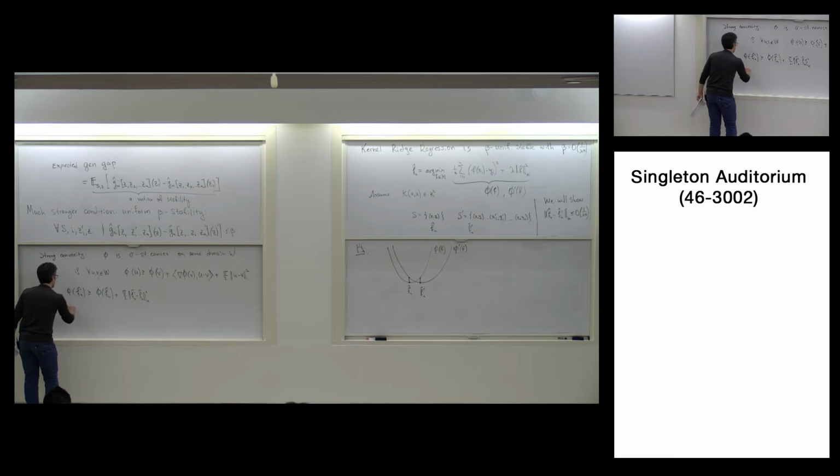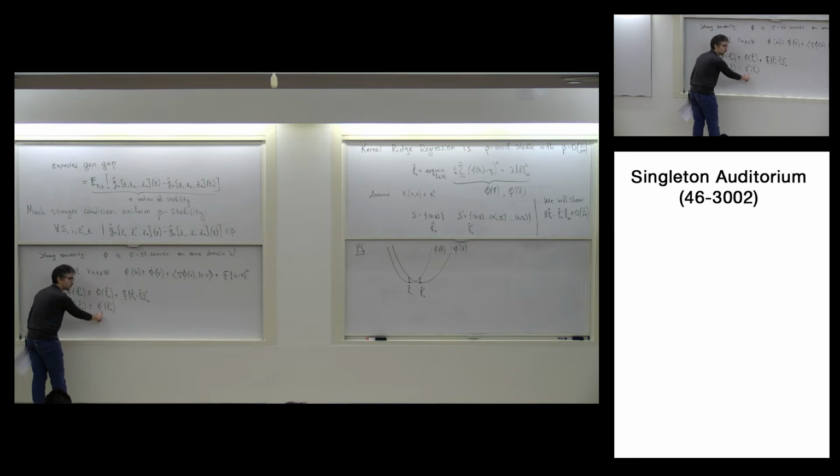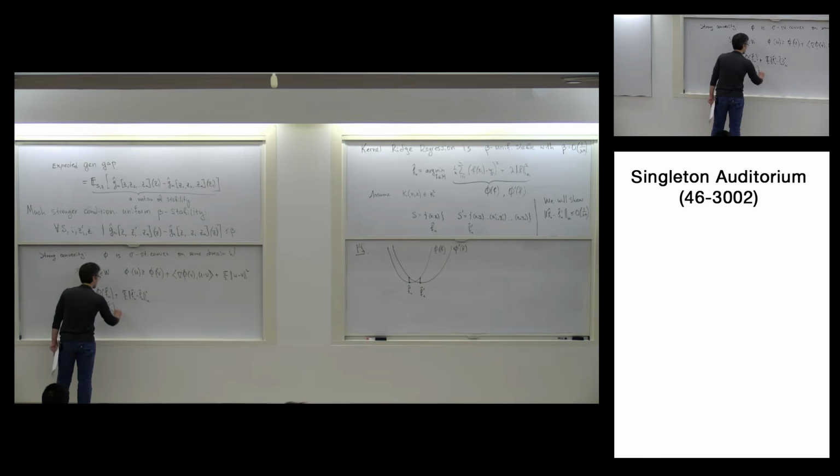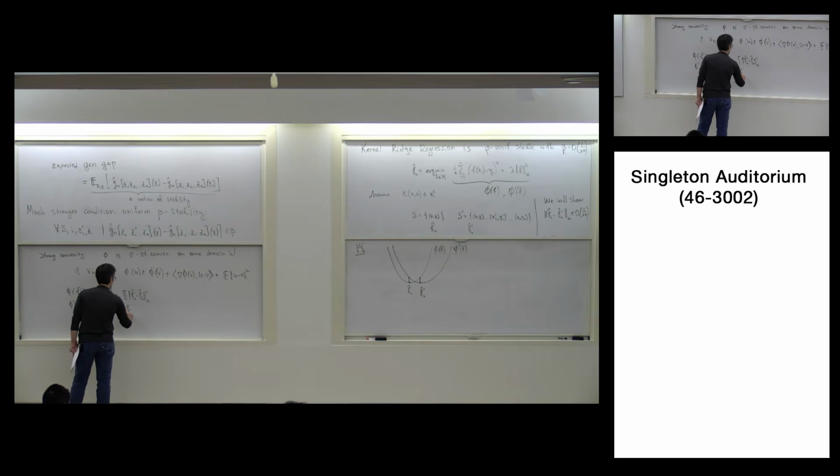On the other hand, phi prime of f hat n is similarly lower bounded by phi prime of f hat prime n, but this is the minimizer of this function. So again, the cross term is 0, plus sigma over 2 f hat prime n minus f hat n squared.